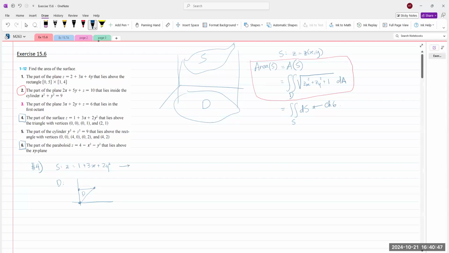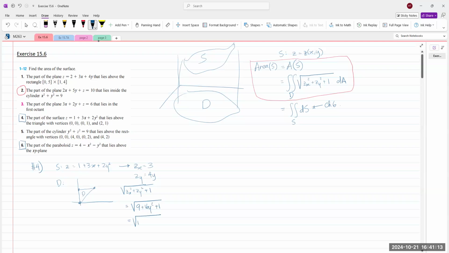Now let's see. What is z sub x? That's 3. z sub y is 4y. So the square root of z sub x squared plus z sub y squared plus 1 equals the square root of 9 plus 16y squared plus 1.